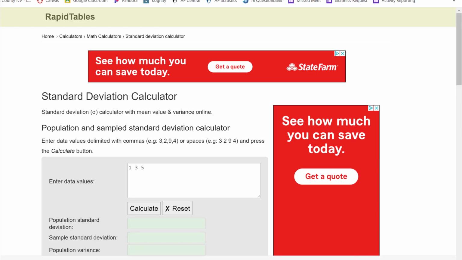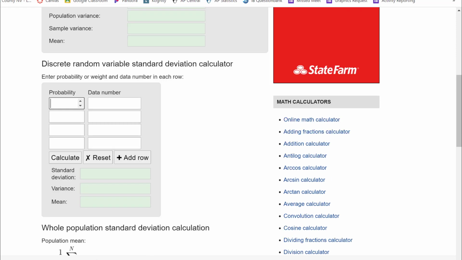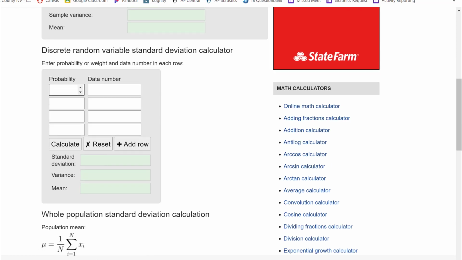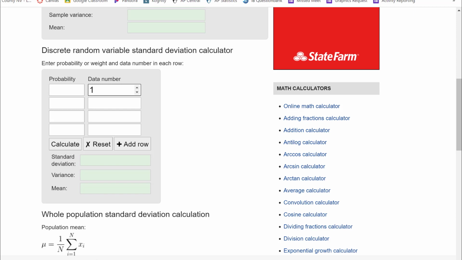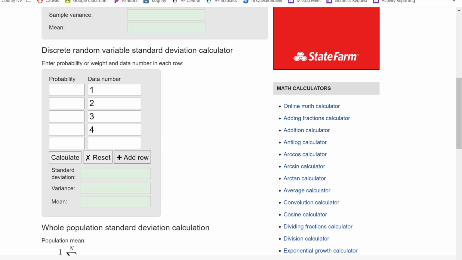This calculator that's found by rapidtables.com can be found to work with a discrete random variable distribution just like this. So the first thing that we recognize, our first entries here should be 1, and then 2, and then 3, and then 4, and we need to add a row, and that is going to be 5.